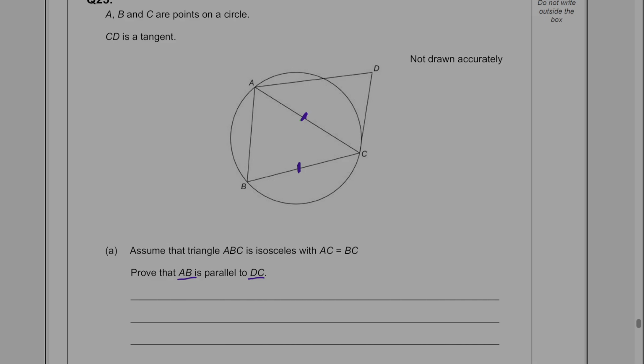Okay, so let's start by saying that that angle there would be X and that angle there would be X. So, call it BAC is equal to ABC. Proof would be base angles of an isosceles triangle.